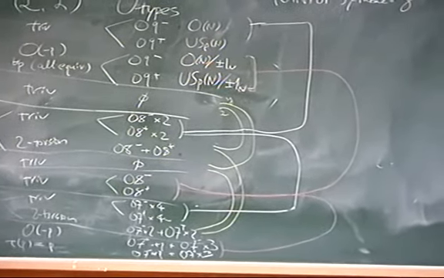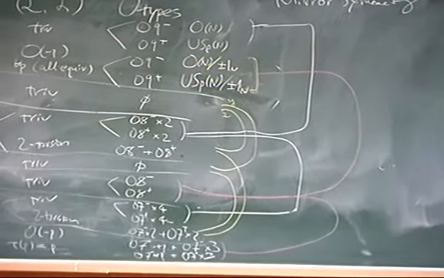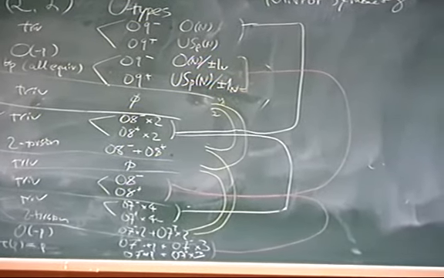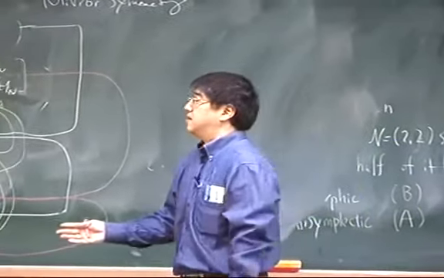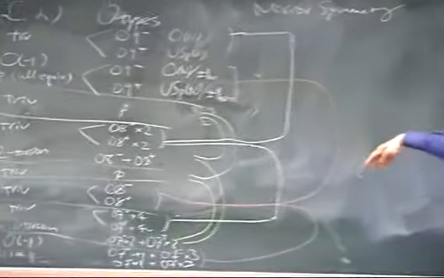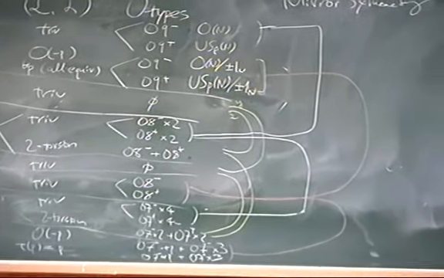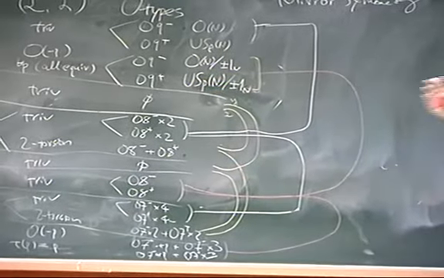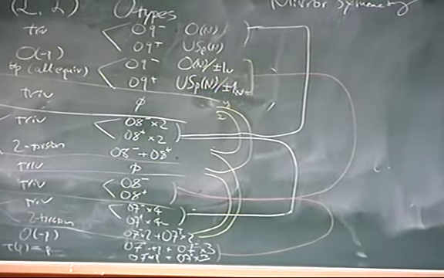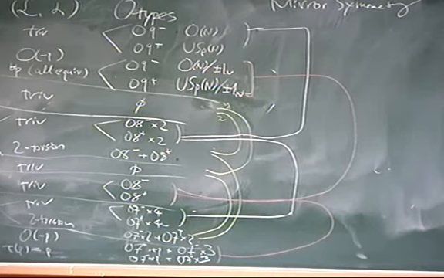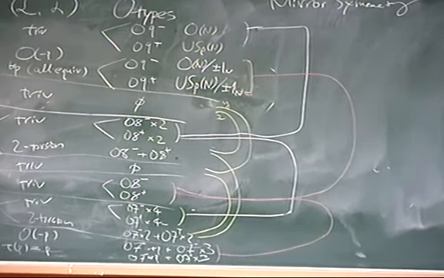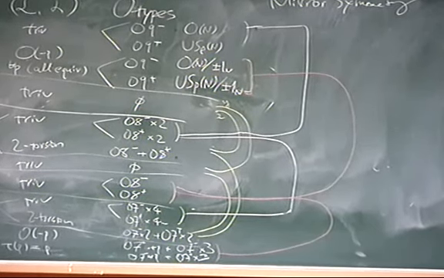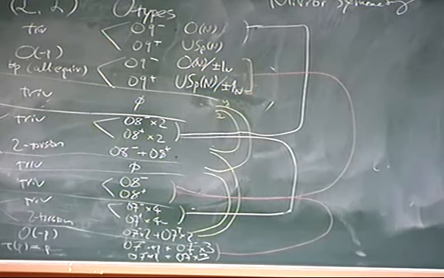Maybe I don't have to explain the reason, but you just have to look at how this orientifold acts on the gauge field. In this case, T-duality or mirror symmetry is easy to see because the coordinate in the T-dual is related to the gauge field of the original. So you just have to look at the action on the gauge field to see how it acts on the coordinate and vice versa.